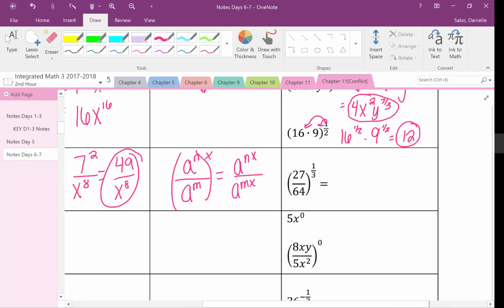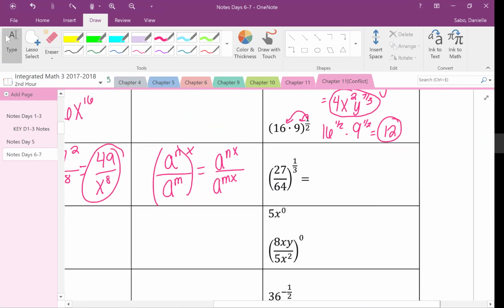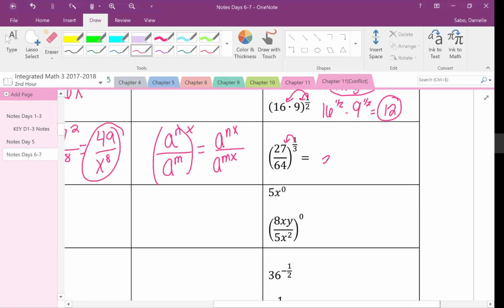Okay, so now let's take a look here. Let's see if anyone recalled what I said a little bit earlier, has a little bit of retention here. What does this 1/3 technically mean? Yes, okay, oh my God, you are geniuses, all of you. You're already learning. Because really this means 27 to the 1/3 all over 64 to the 1/3, which is 3/4.